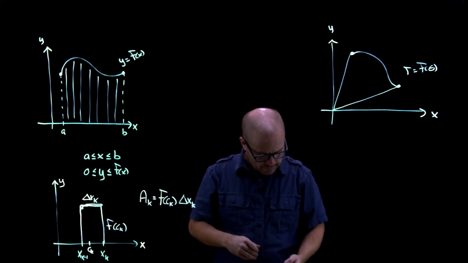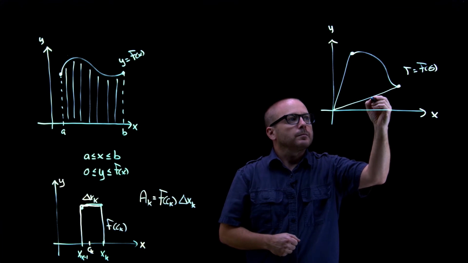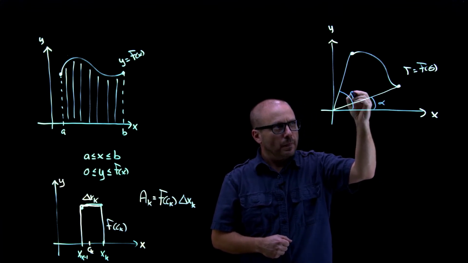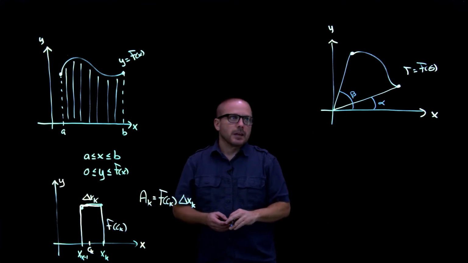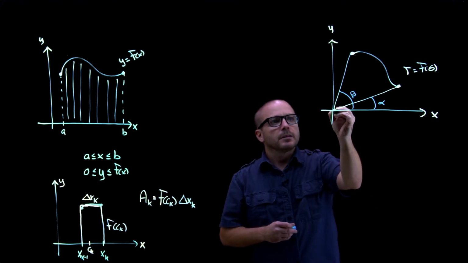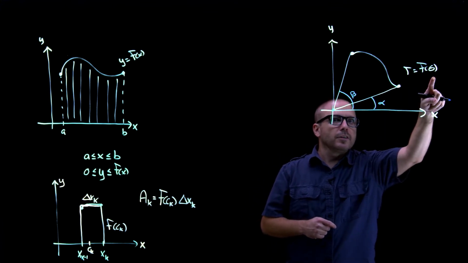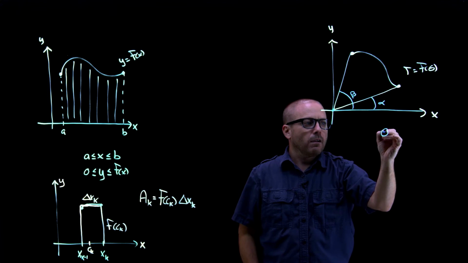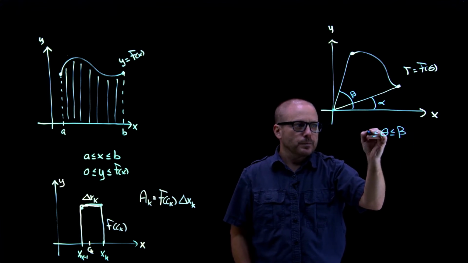So call this starting angle alpha and this ending angle beta. And then we want everything between r equals 0 and r equal the function. So we've got the independent variable theta trapped between these two constants.